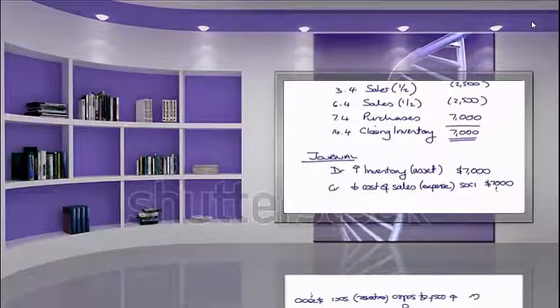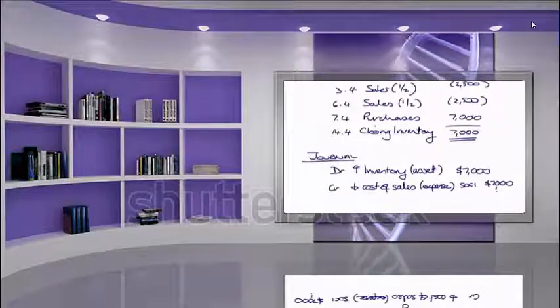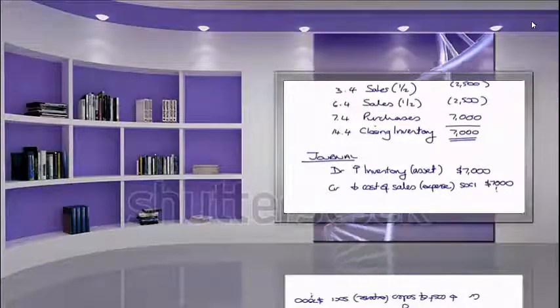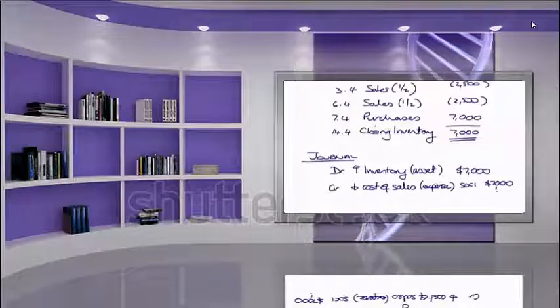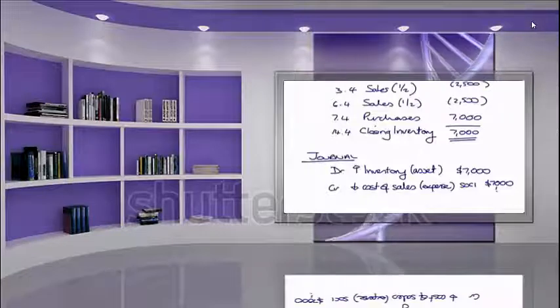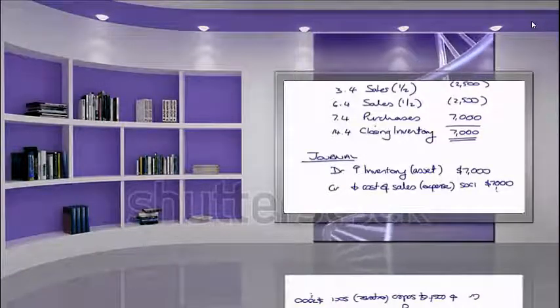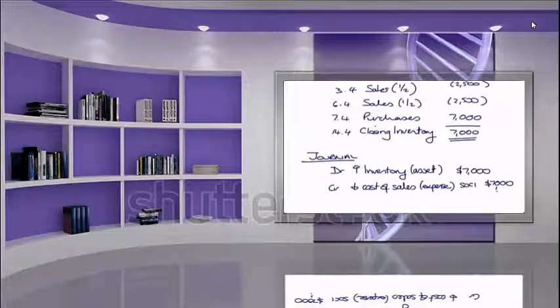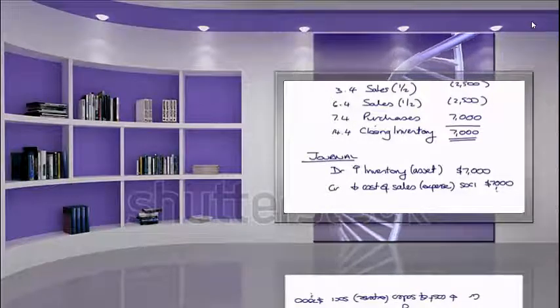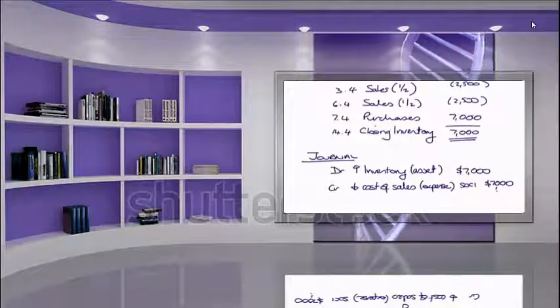Now the reason why we're showing it here is because when we have purchases in the statement of comprehensive income, purchases is going to be for the full amount of inventory that we purchased in the period. If you remember from our trial balance, our purchases expense was $12,000. But we didn't sell all the goods that we purchased in the year.